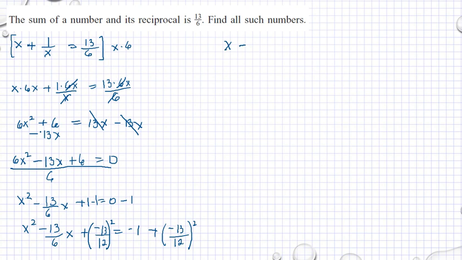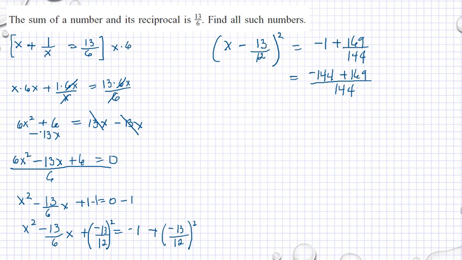x minus 13/12, in parenthesis squared, is equal to negative 1 plus 169 divided by 144. So if we combine that, we have negative 144 plus 169 divided by 144.